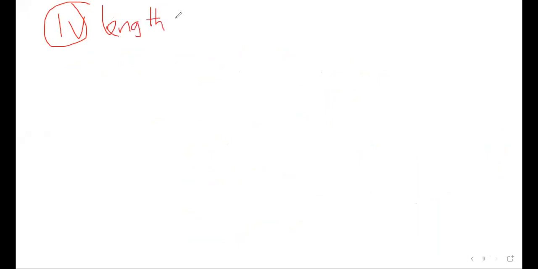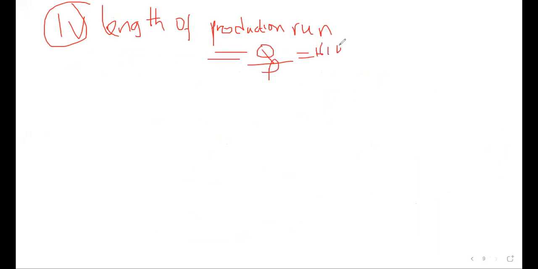Length of production run is equal to Q over P. So 1610 over 84. 1610 divided by 84 is 19.17 days.